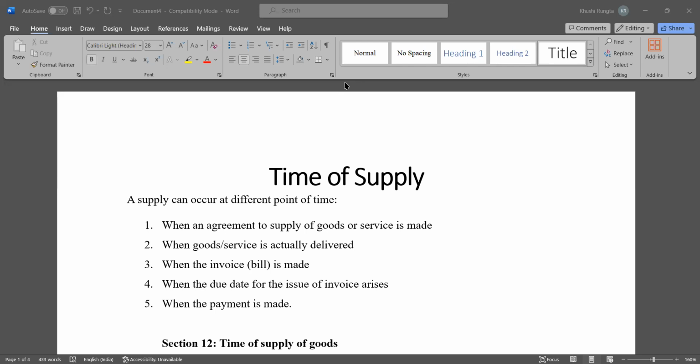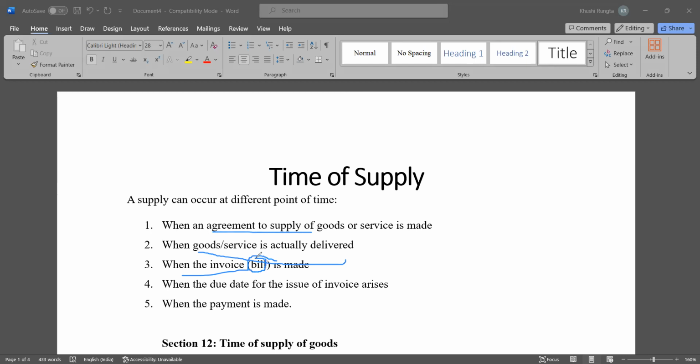Like as mentioned here, whenever a person makes an agreement to supply goods or services, people tell it is the supply. When the goods or service is actually delivered is also considered a supply. When the invoice is made. Now, as many people are confused about what exactly an invoice is, some people regard it as a voucher also. So let me make it clear that an invoice is only the bill.